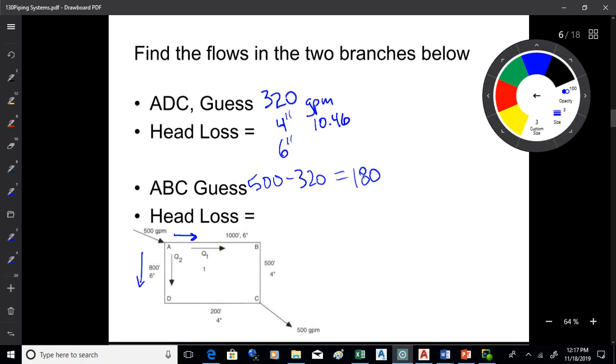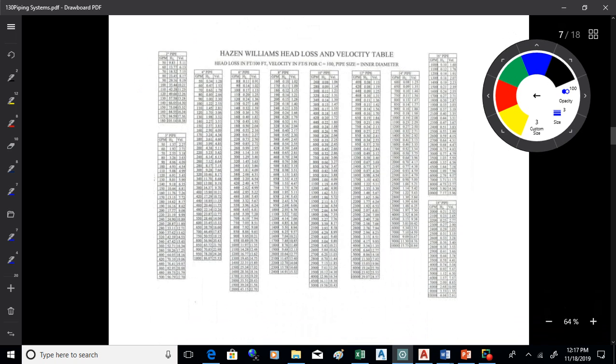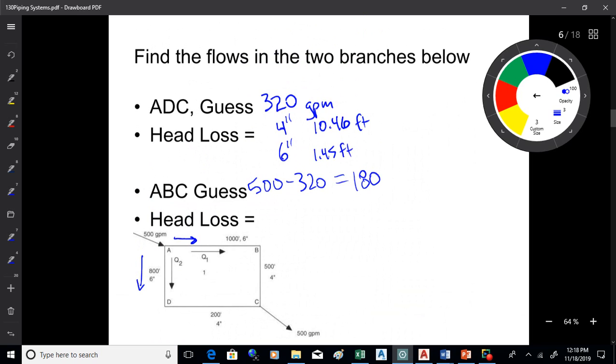And then 6-inch for 320, I'm getting a 1.45. So what I'm doing is I'm looking at the pipe and I'm saying, okay, 4-inch pipe, I'm guessing 320 gallons per minute. 6-inch pipe, I'm guessing 320 gallons per minute. Right there and there. That's all I'm doing. We're good?